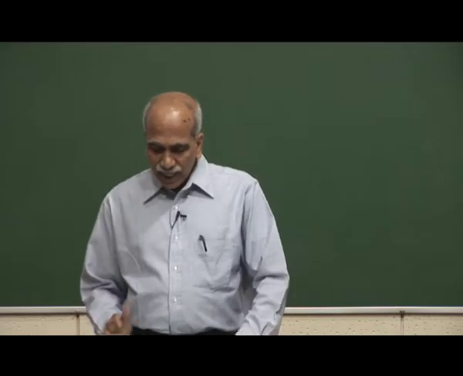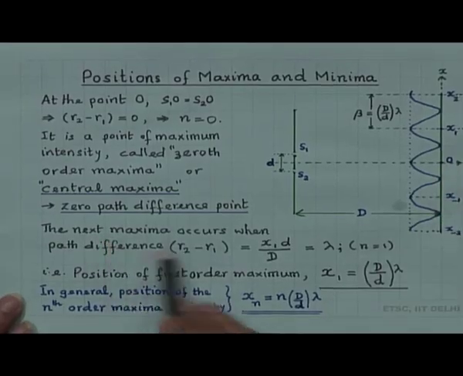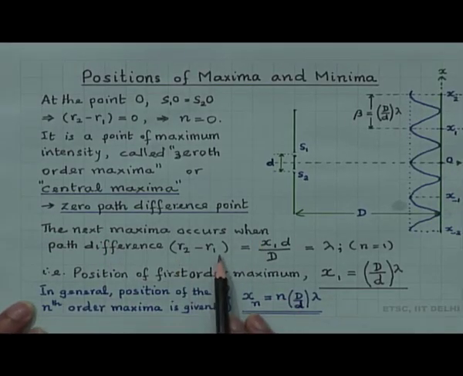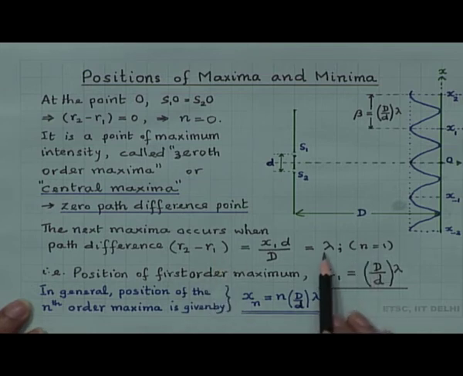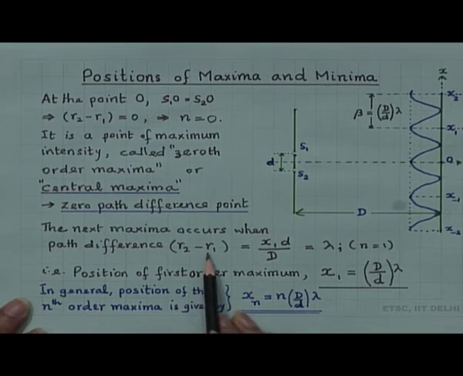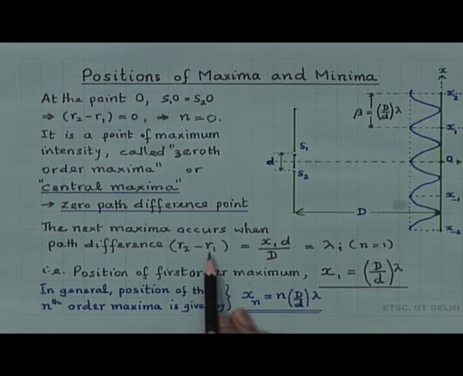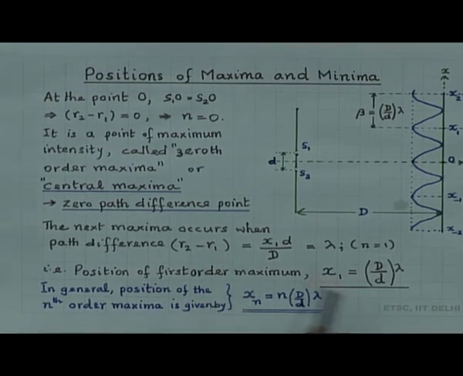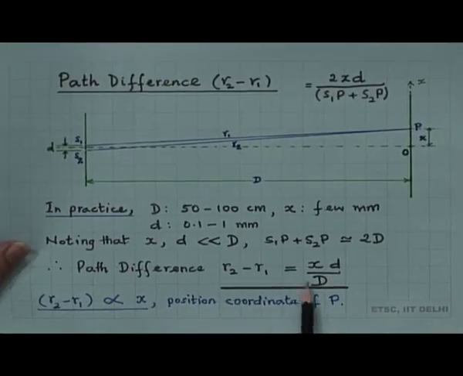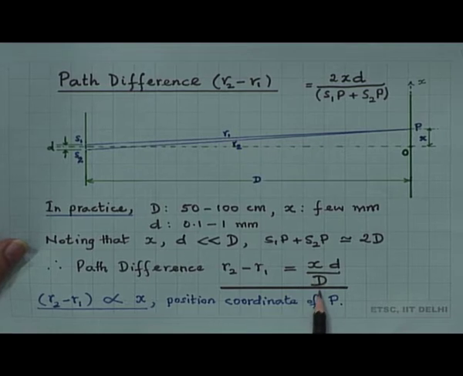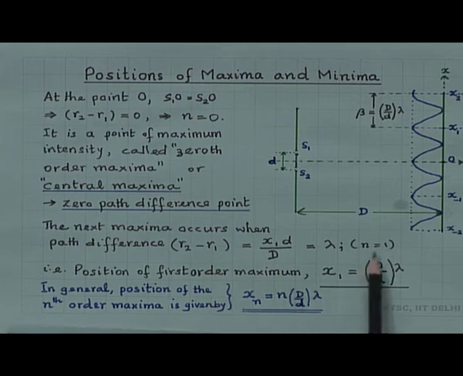Now, the next maxima occurs when R 2 minus R 1 is equal to n lambda, that is 1 lambda. We have just now derived the expression that R 2 minus R 1 is equal to x d by D, and when R 2 minus R 1 becomes equal to lambda, that is n equal to 1, we call that x 1.